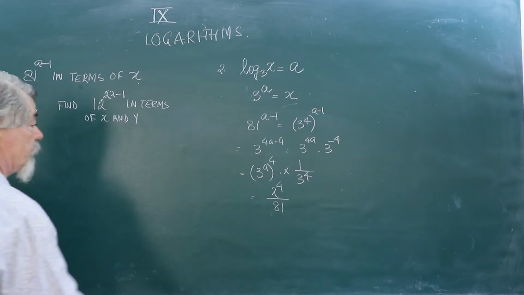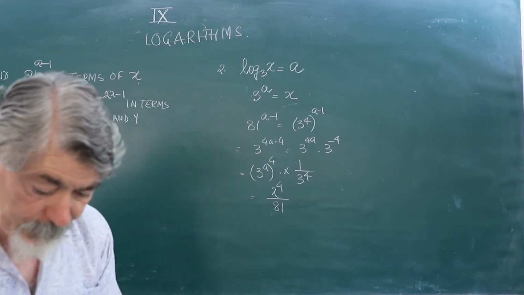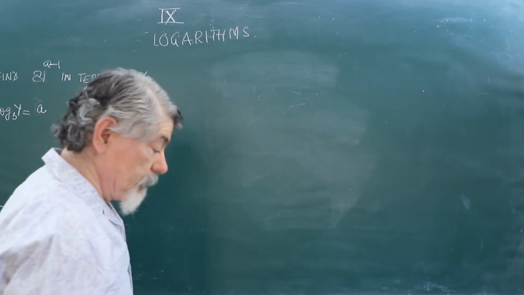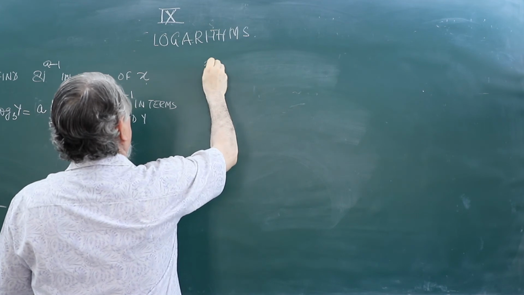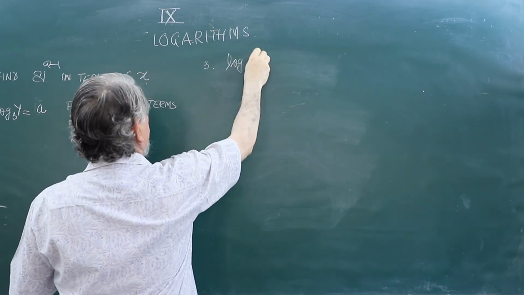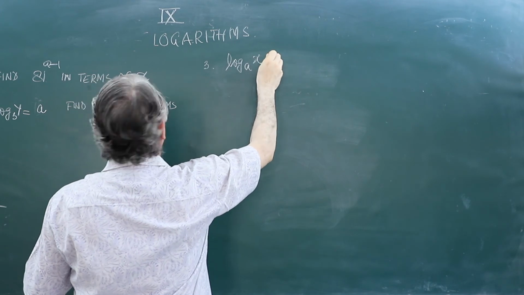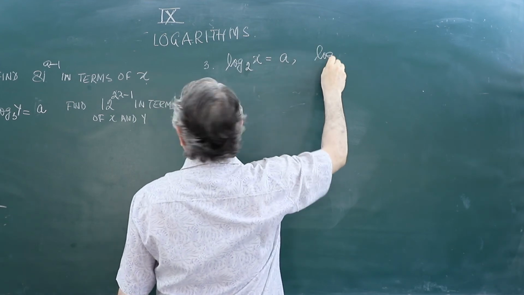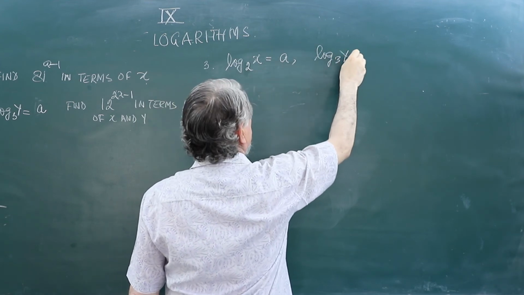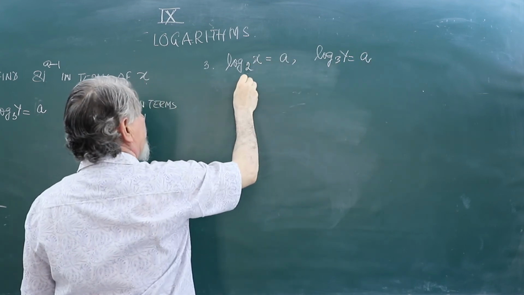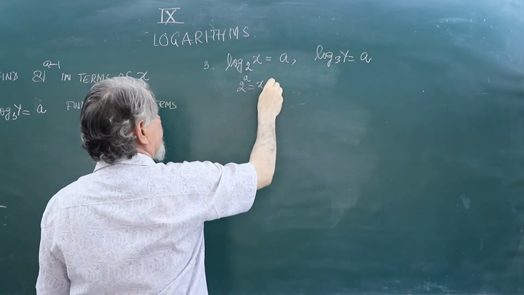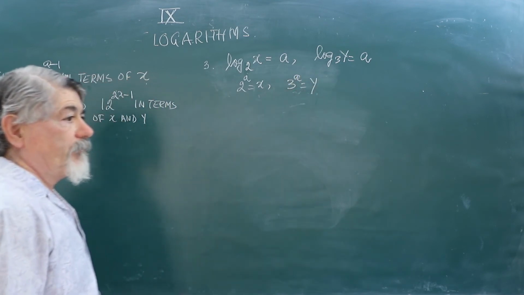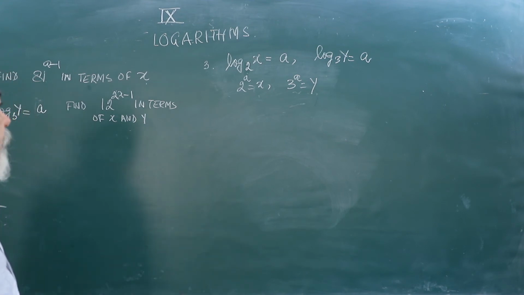Log x to the base 2 is equal to a, and log y to the base 3 is equal to a. So it will be 2 to the power a is x and 3 to the power a is equal to y, changing from log to the exponent form.